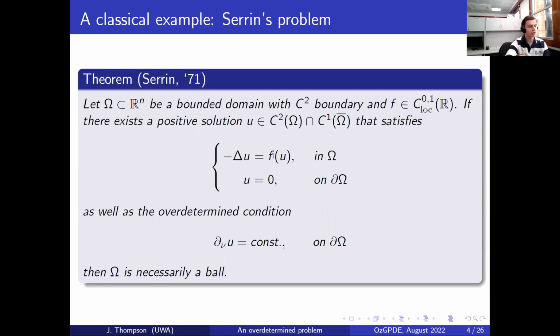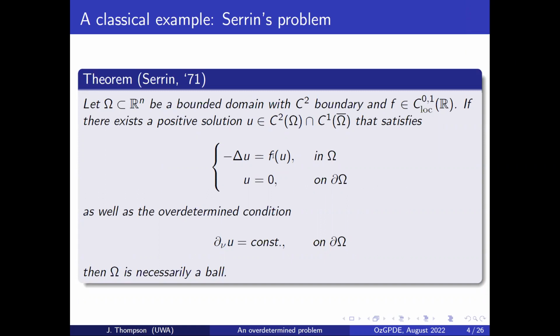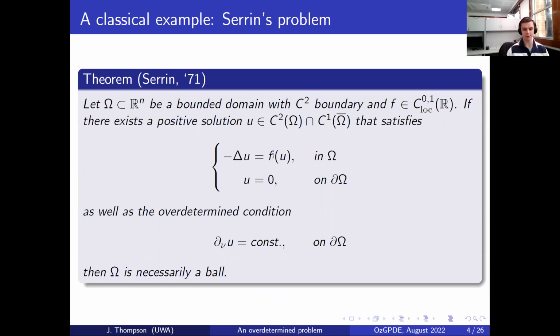Yeah, and I'll discuss later why this is really an issue, but it is to do with the method of proof, which is this method of moving planes, and the method of moving planes strongly relies on maximum principles, which will require that u is non-negative.